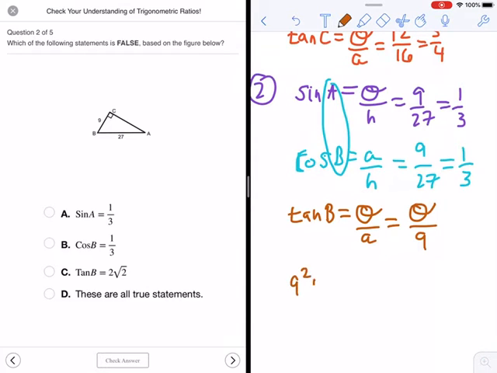So 9 squared plus the opposite side squared equals 27 squared. So we're really starting to know so much about triangles. We got Pythagorean theorems, special right triangles, now we're adding trig to our tool belt. So much stuff. And I gotta use a calculator for this stuff. This is intense.